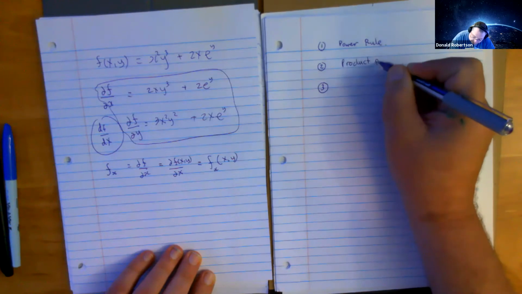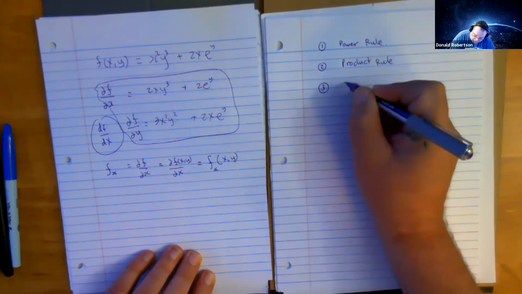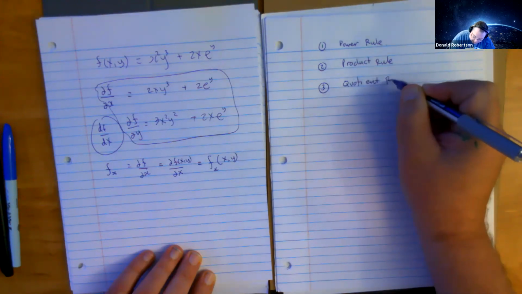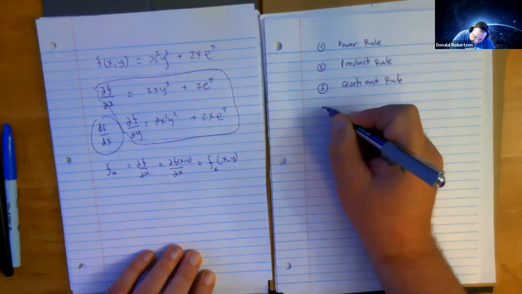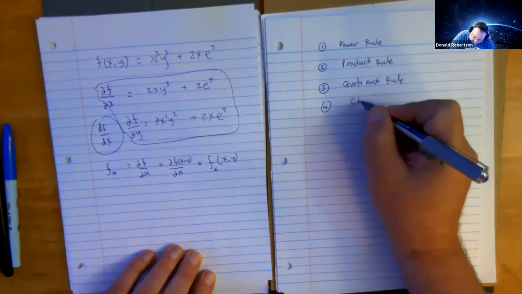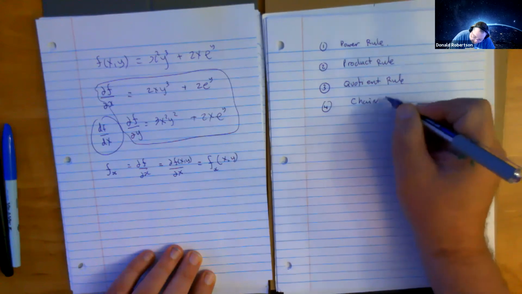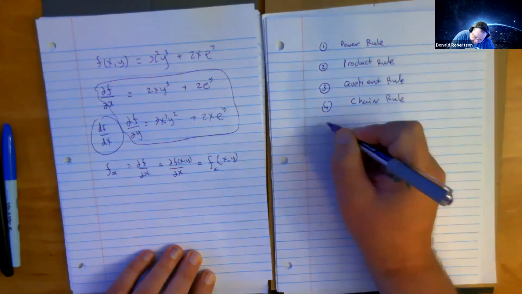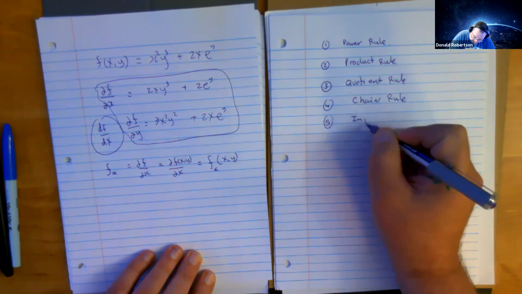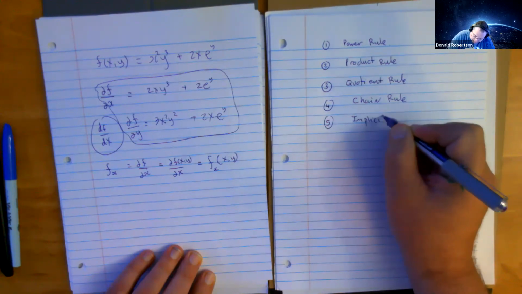You can do a product rule. You could do a quotient rule. You could do a chain rule. And you could also do, later on, implicit differentiation.